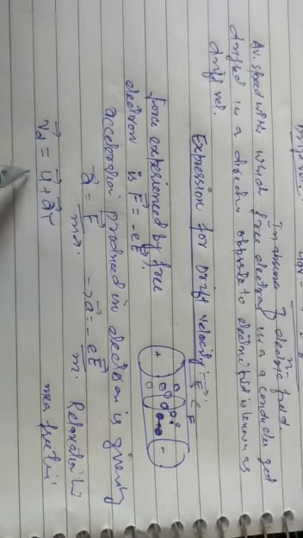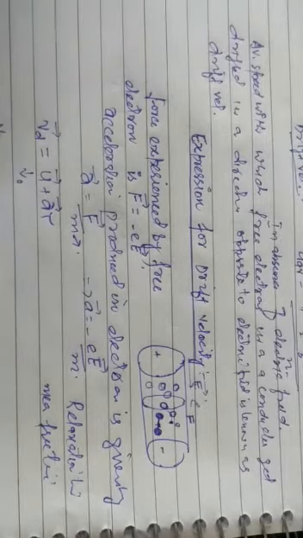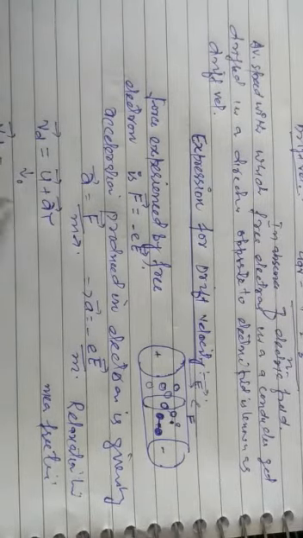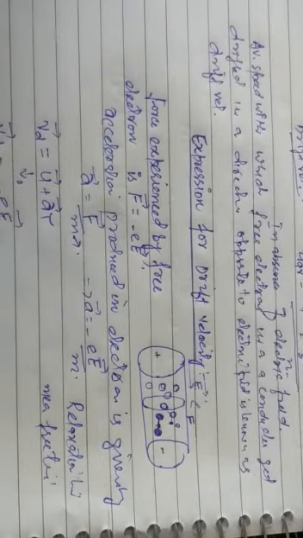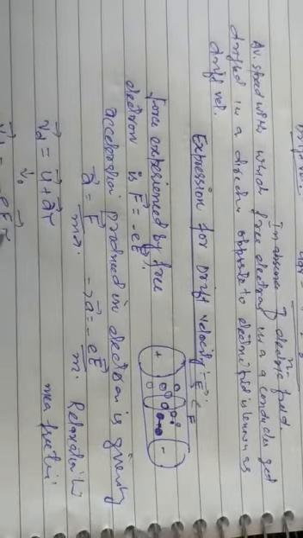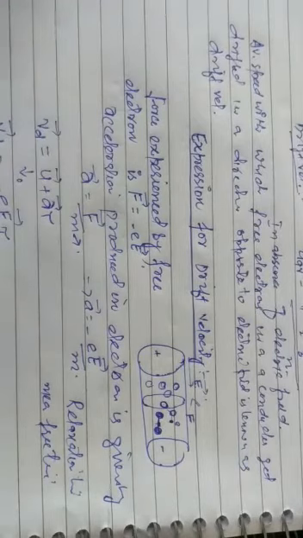Since u is 0, Vd equals minus e E by m into tau, where tau is the relaxation time.